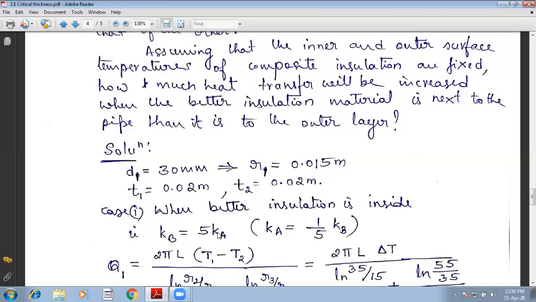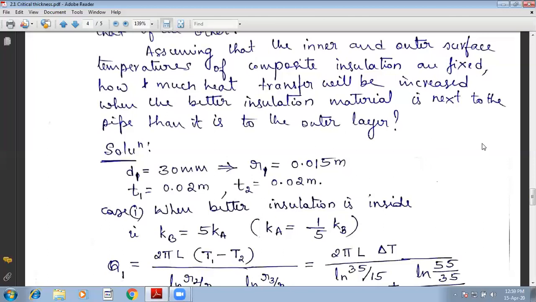Better insulating material is the one which is having less thermal conductivity compared to other. The thermal conductivity of A is 1/5 of other. It is in terms of conductivity. Means Ka is offering more resistance compared to Kb. It means Ka is better insulation than Kb. I hope that is clear to you.